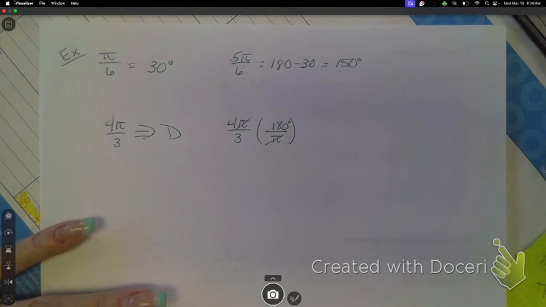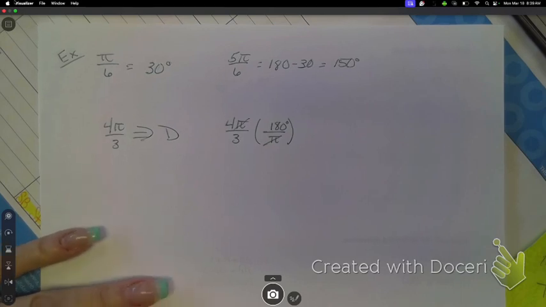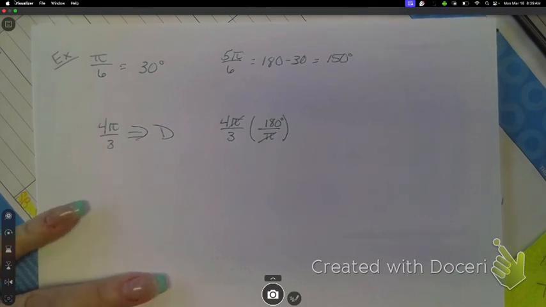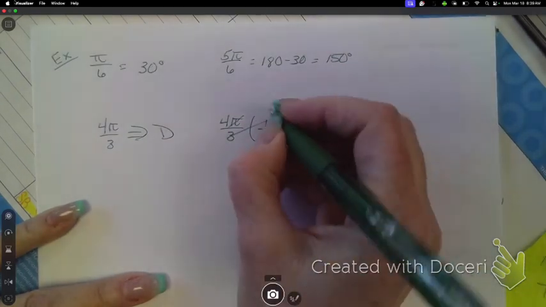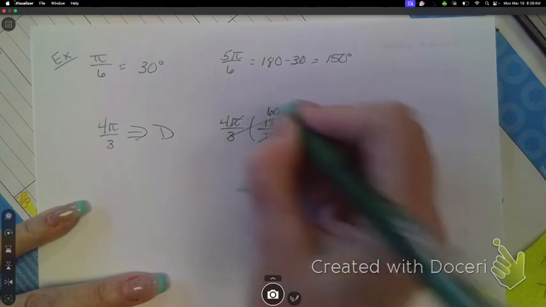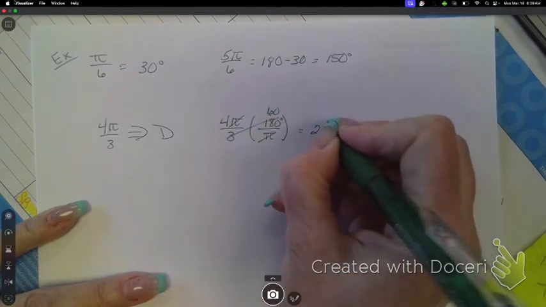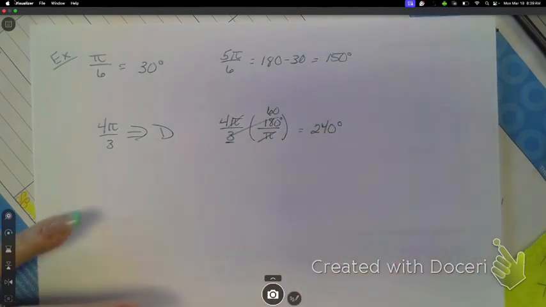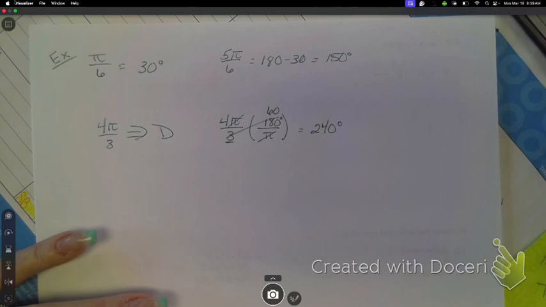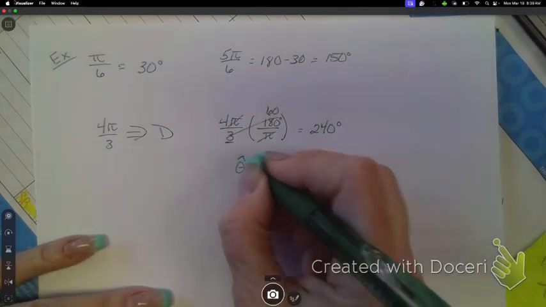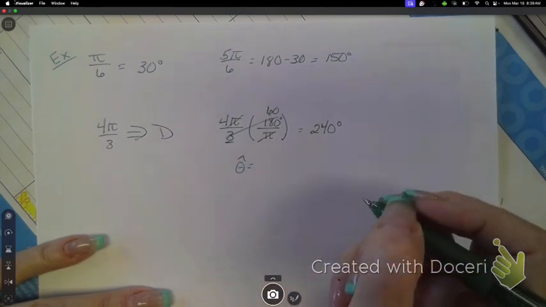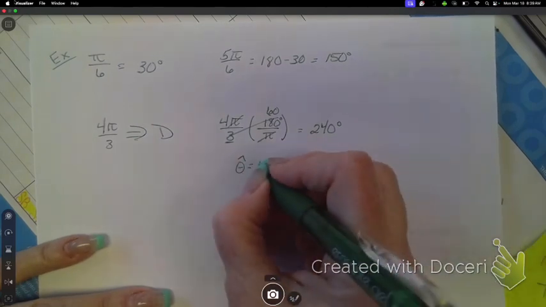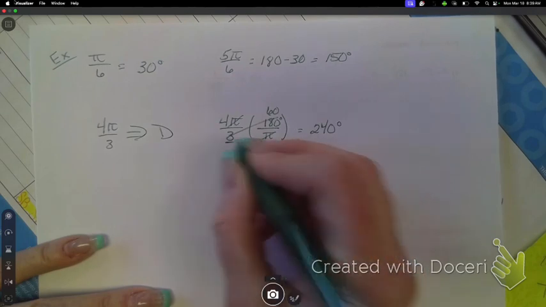I don't want to multiply 180 times 4. What do you want to do? Reduce the 180 and 3 to 60. So we get 240. But again, there was a 3 here, yes? If there was a 3 in the denominator, we know our reference angle is what? 60. Why? Because 60 goes in 180 3 times.